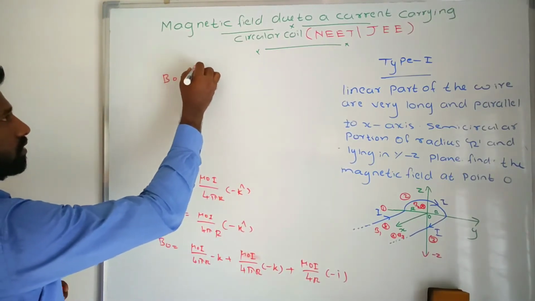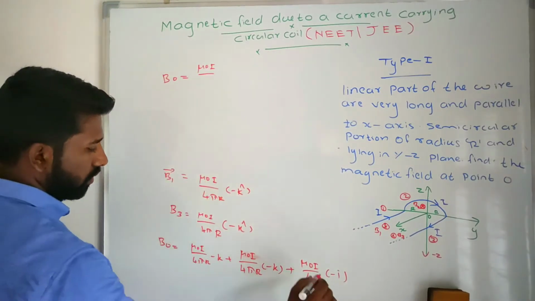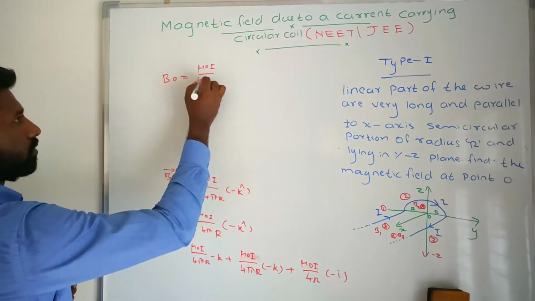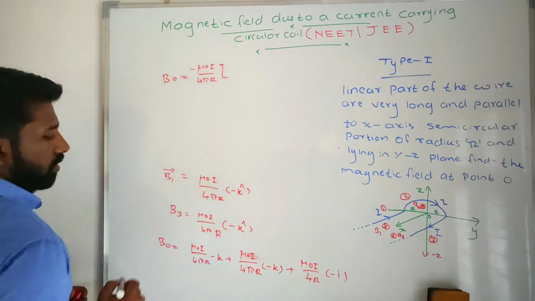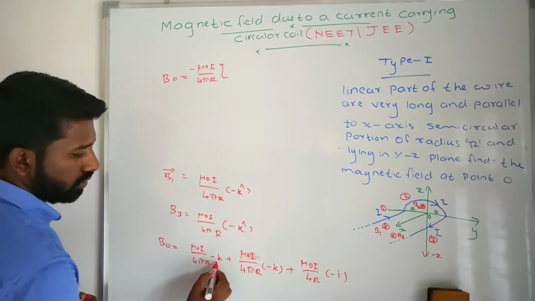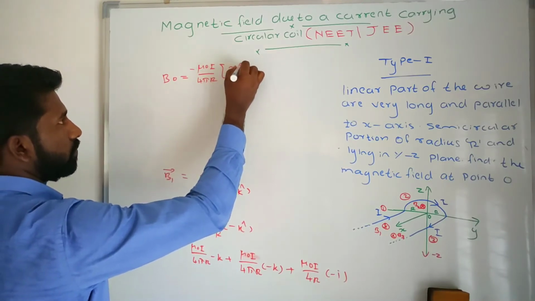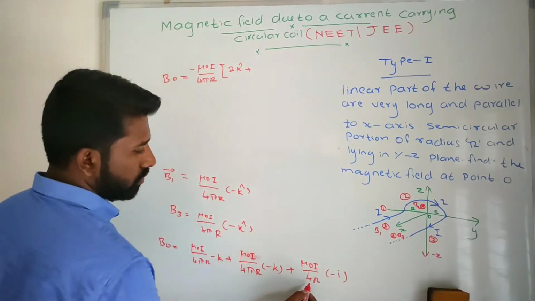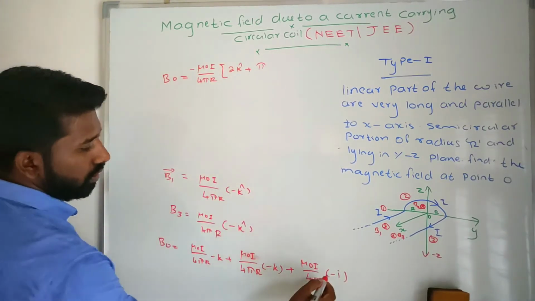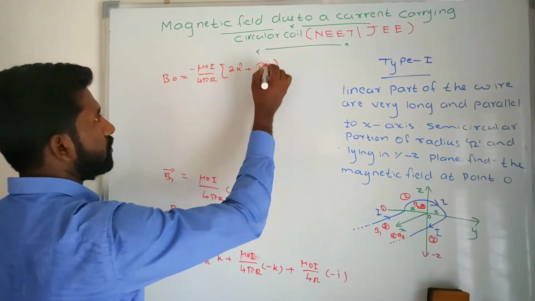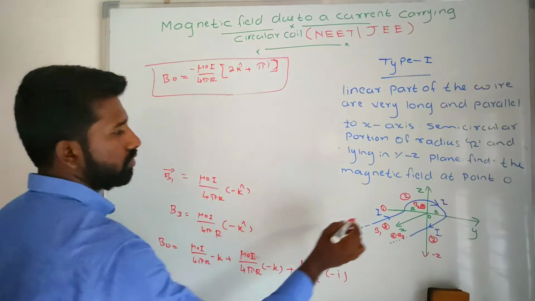So what you will get is mu 0 I by 4 pi r, which I am taking outside all the time, and the minus sign also. Then 1 is remaining, here also 1 is remaining, so 2 in which direction? K cap, plus in this what is remaining? 4 pi I have taken, so pi is here and I. This is the magnetic field at the point O.